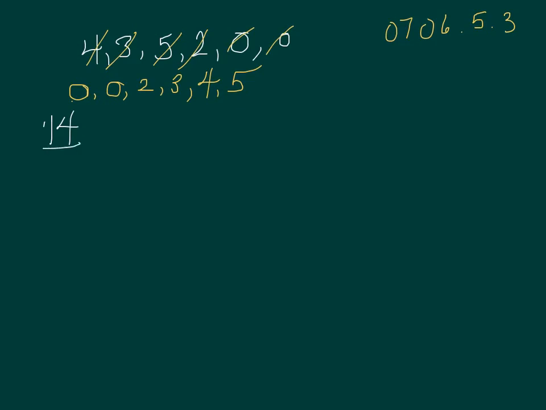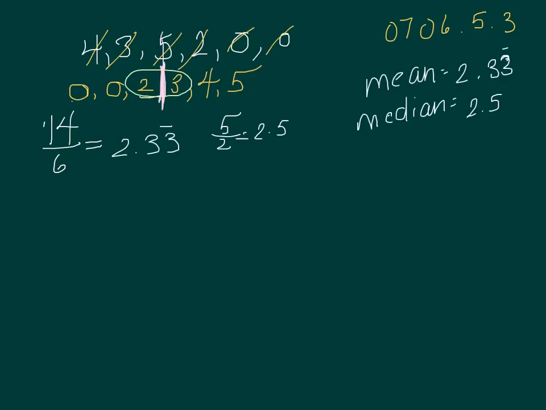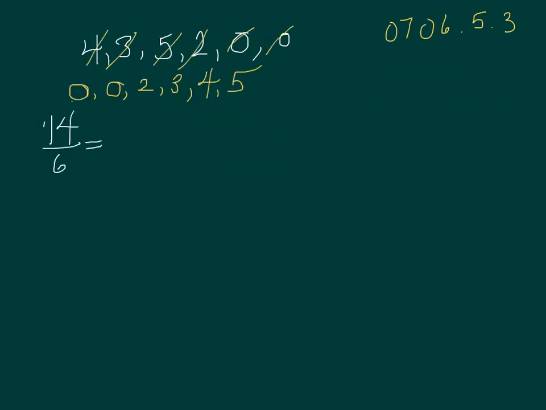Now I need to get the average, which would be the number of values. I have 2, 4, 6 values. 14 divided by 6. And 14 divided by 6, I can do a number of different ways.